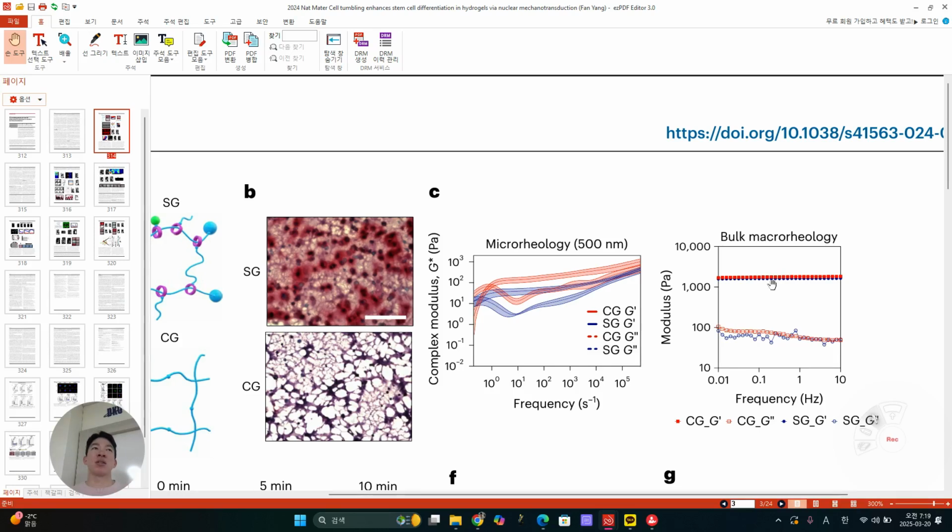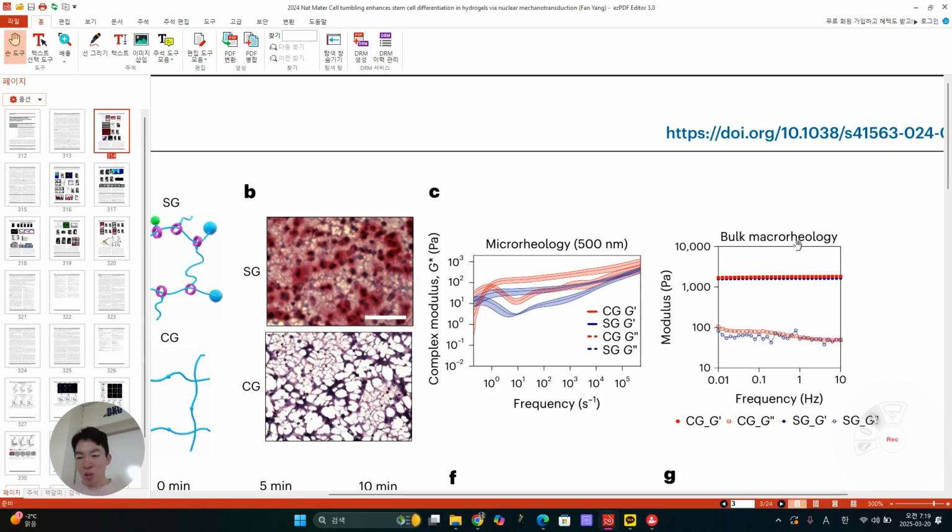Elastic means like rubber, right? When you stretch the rubber, it maintains the resistance force. But when you stretch the collagen, the stress resisting your stretch is going down. This is the meaning of viscoelasticity.